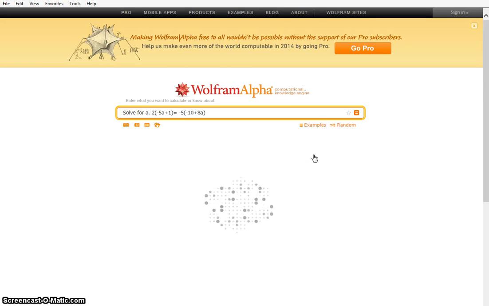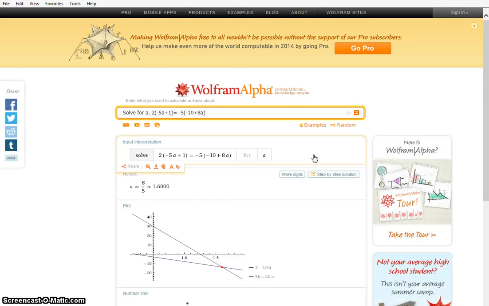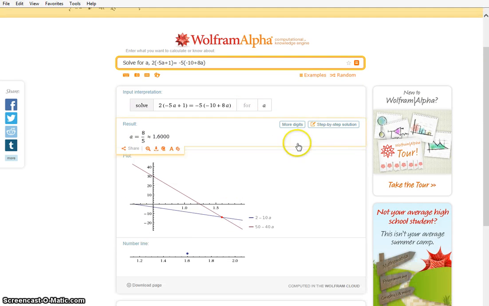Alrighty, it's going to be 8/5. And I can see on my graph that this line here and this line here are the representations of my two equations, and they meet at this point here, which is 8/5, which is 1.6.